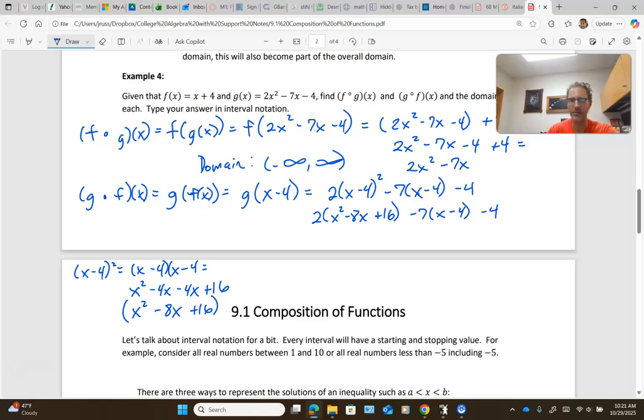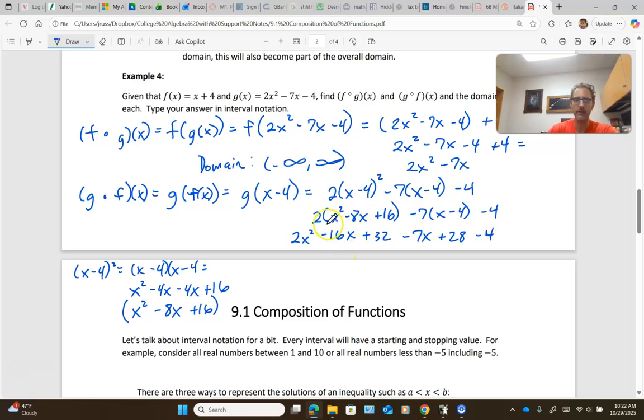Alright, so now I'll distribute the 2. 2x squared. Right here, 2 times negative 8x will be negative 16x, and 2 times 16 is 32. And I'll distribute the negative 7. Negative 7 times negative 4 is positive 28. Minus 4 at the end.